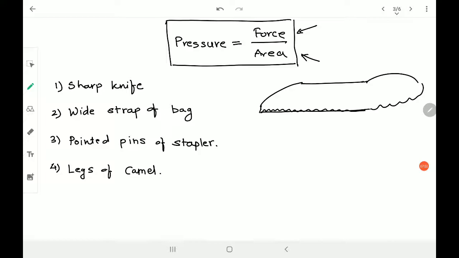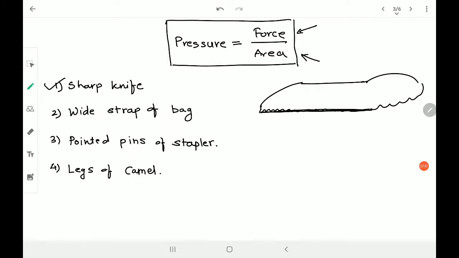Isn't it, a sharp knife cuts the thing properly compared to a blunt knife? What is the reason? The area of contact of the force is very, very less. Less the area, the more the pressure will be.